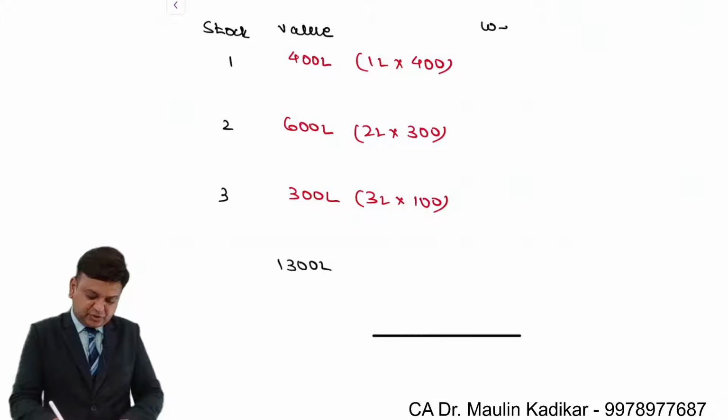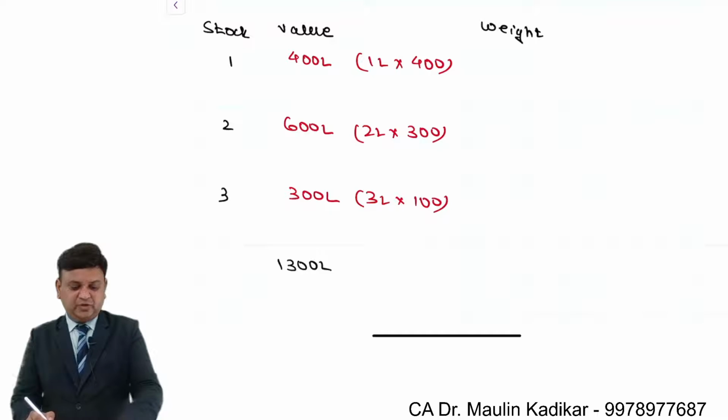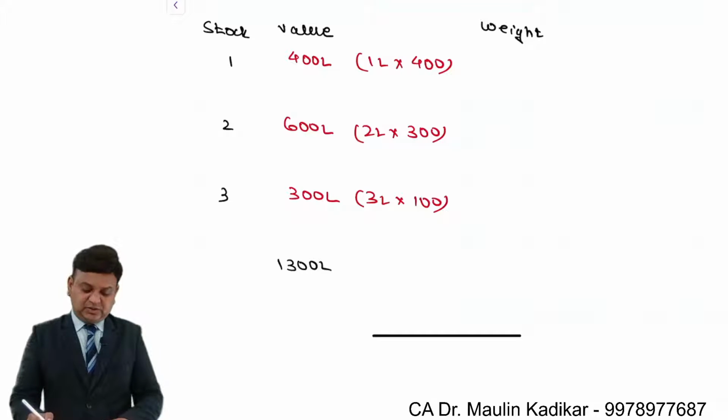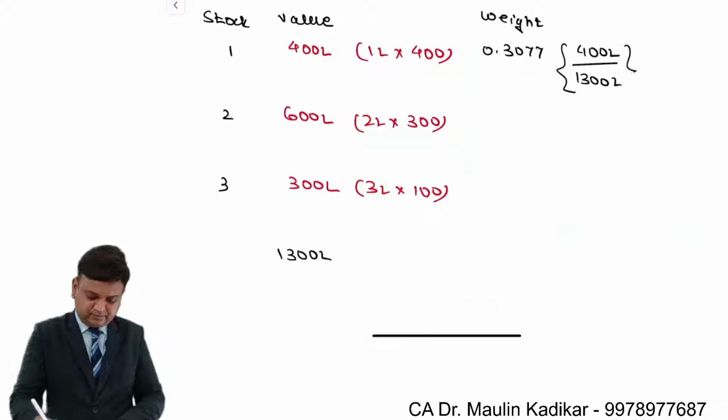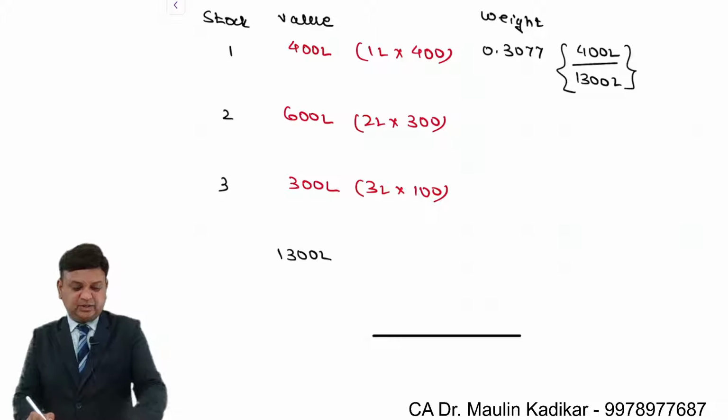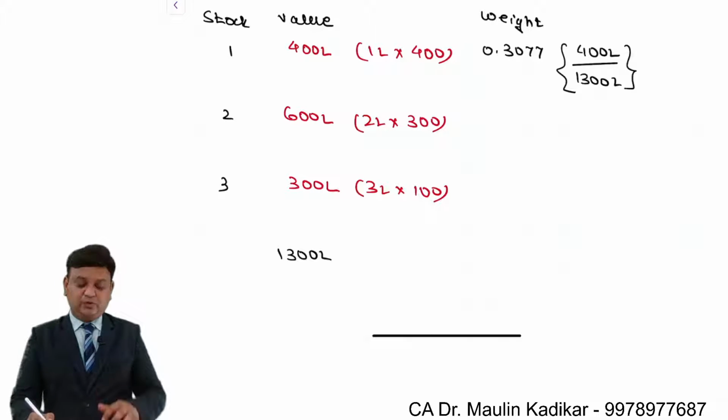So weight or proportion: 4 divided by 13 is 0.3077. That is 400 lakhs upon 1300 lakhs. Then 6 upon 13, that is 0.4615.